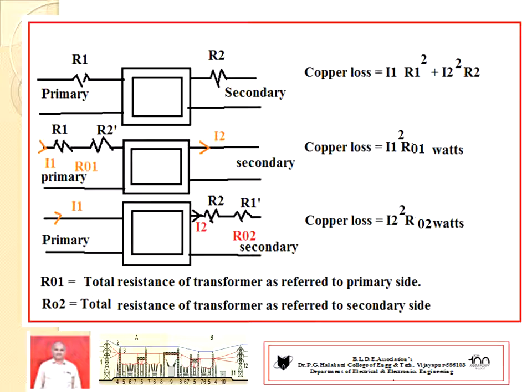I2. Hence I2 square R02 also gives the copper loss of the transformer. I1 square R1 plus I2 square R2 also gives the copper loss. So these expressions give the copper loss, because I can use I1 square R01 or I2 square R02.